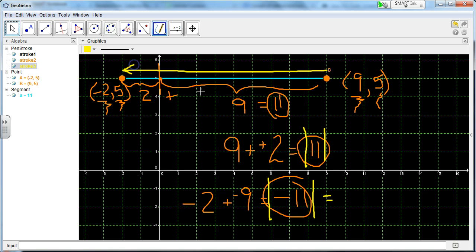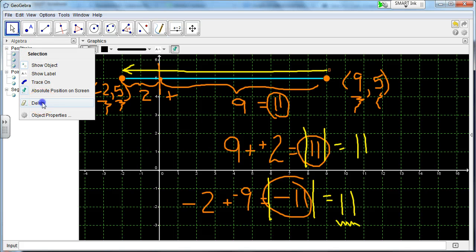But the distance itself is positive. Remember, when we take the absolute value of any number, whether it's negative or positive, we always just get that positive value out. We get the value of the number, not the sign of the number. So just understand that distance is always positive.